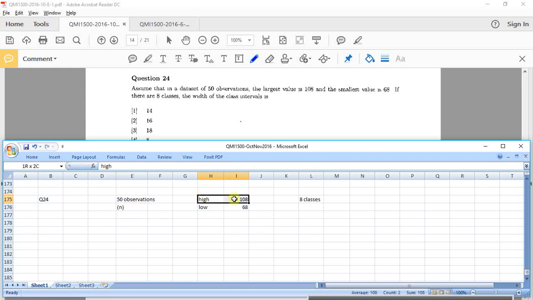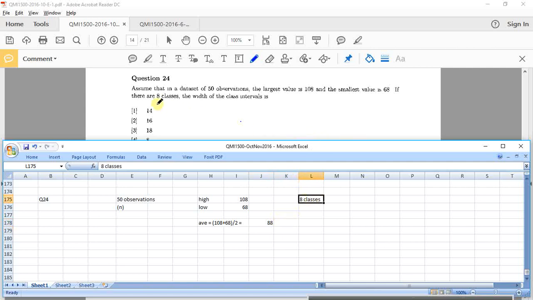Okay, I've been given the highest and the lowest points. So if I've got the highest and the lowest point, I can work out the average. Okay, so the average would be 108 plus 68 divided by 2. So this plus that divided by 2 gives you 88. Okay, and 88 is what? The average. Okay, and then they want 8 classes.